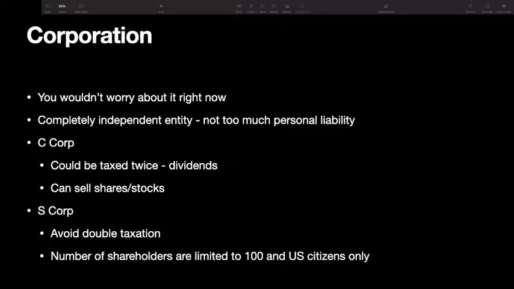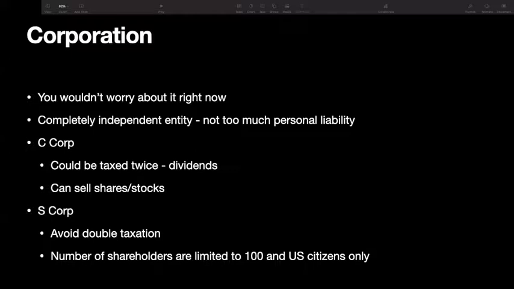So two major forms, the C Corp and S Corp. The C Corp, if you look into the market and the corporates you heard about, like Ford Motors, GM, or any huge corporations, most of them are C Corps, and they could be taxed twice, like I mentioned before.